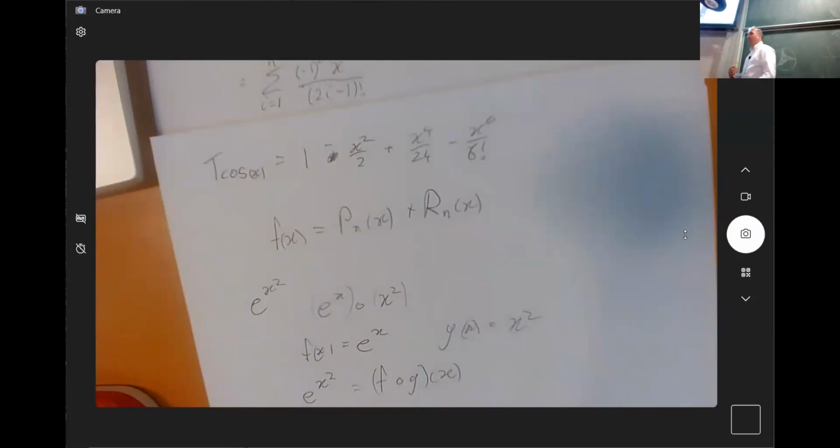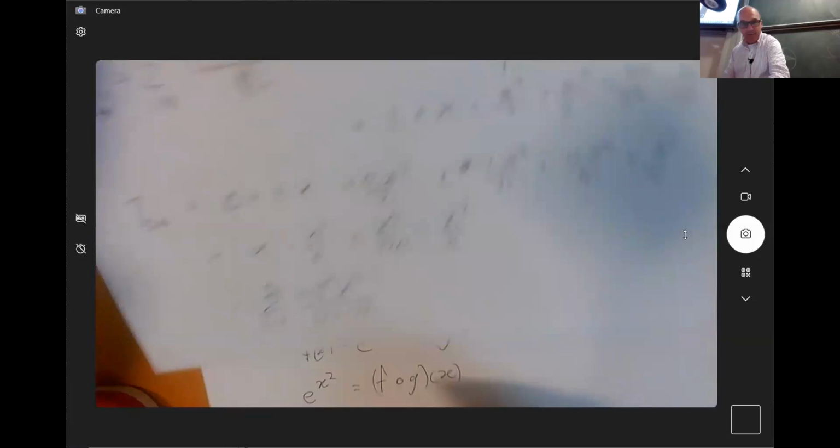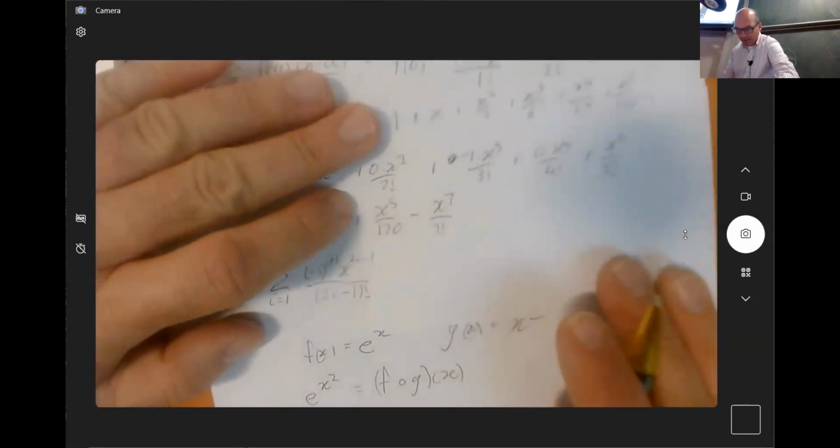If I want the Taylor polynomial for e to the x squared, I can do the composition of functions. So, I've got my Taylor polynomial here.